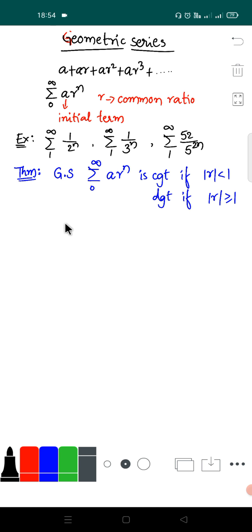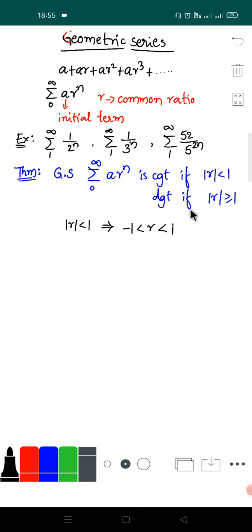The modulus of r being less than 1 means that the absolute value of r is less than 1, that is, r is between minus 1 and 1.